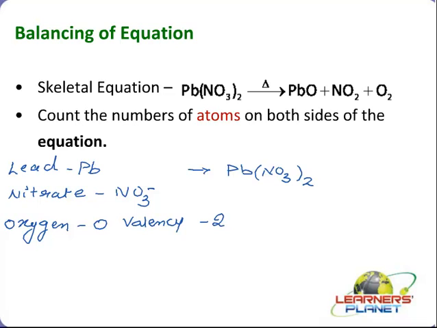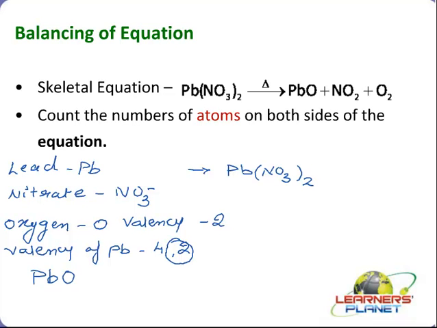And what I have told you, valency of lead can be either 4 or 2. But here we are taking 2. So what will be the formula of lead oxide? PbO, cross multiplying the valencies. Here the valency of lead is 2. Got my point?